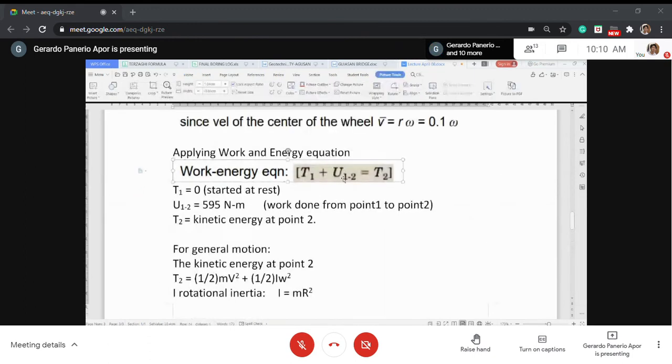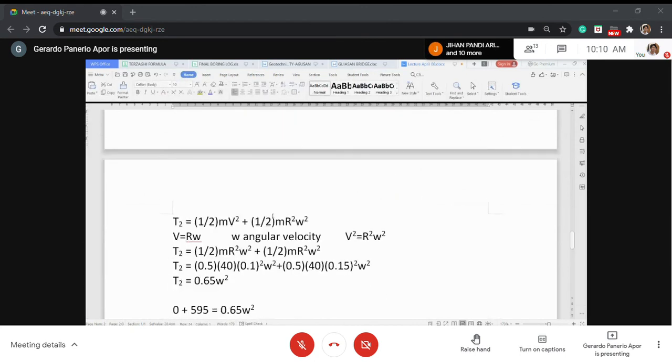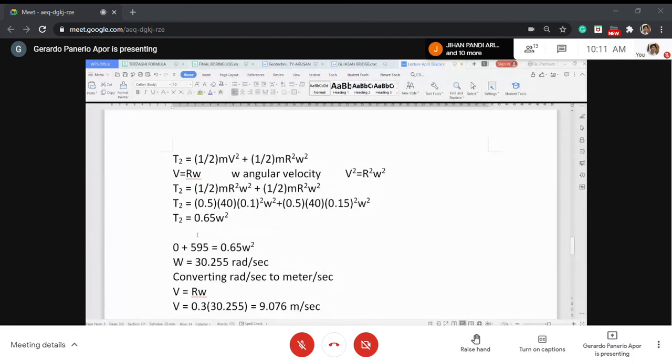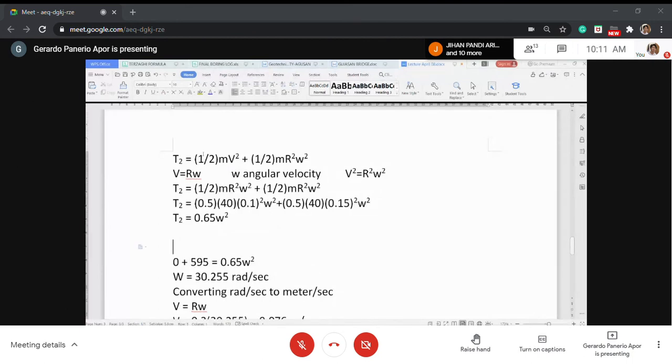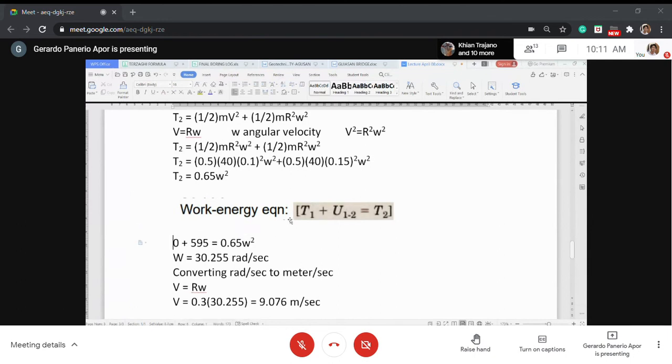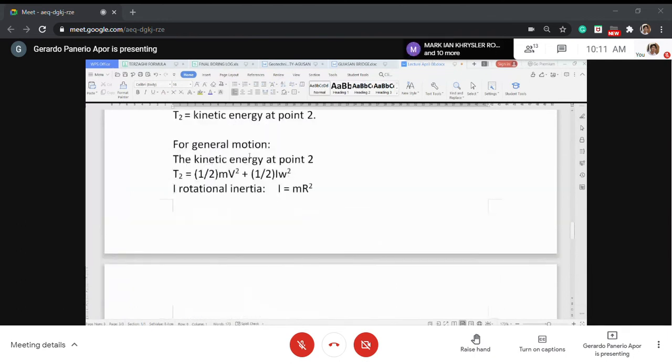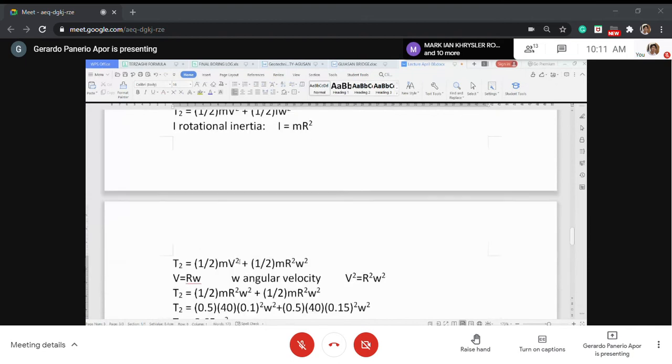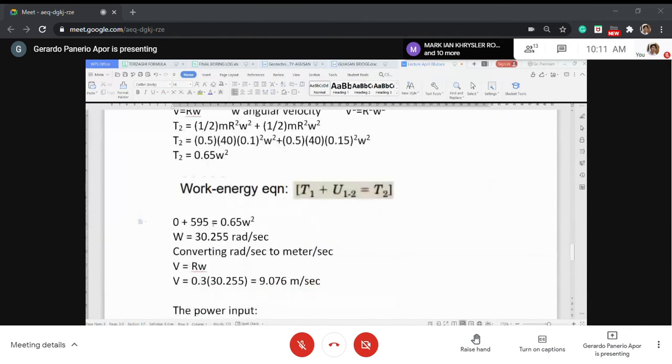Now we go back to this. We substitute T1 of 0.595 Newton meter and 0.65 omega squared. So we found out that the omega is 30.255 radian per second.